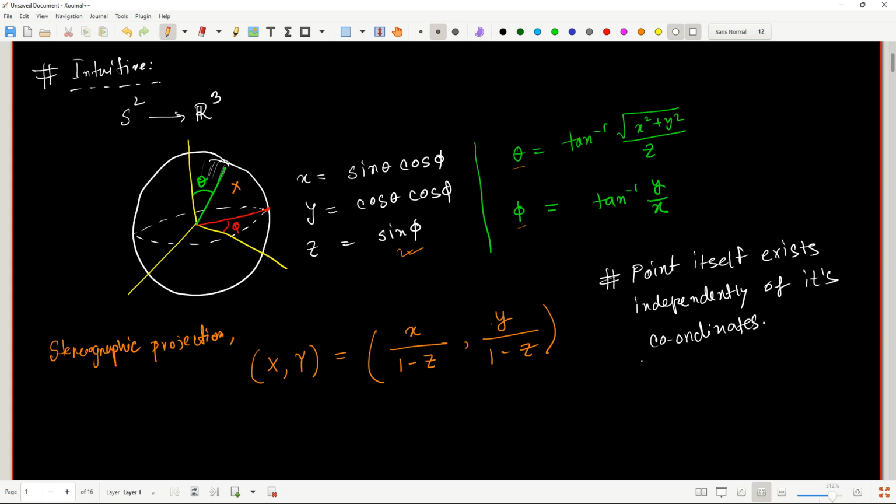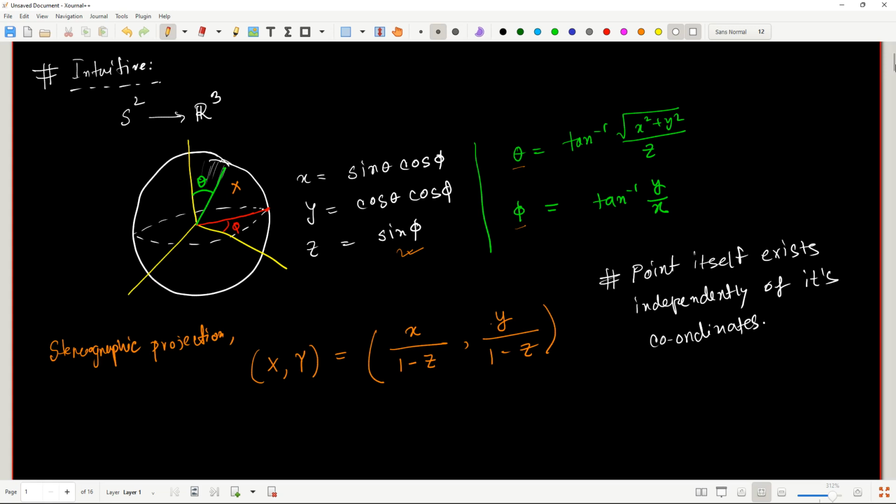and coordinates are just for the convenience of the observer or the user, and an observer or a user can choose any coordinates that he or she likes. And this arbitrariness of the coordinate choice is the thing that underlies the theory of manifolds. What this means is that you can take any coordinate system and represent the same thing.